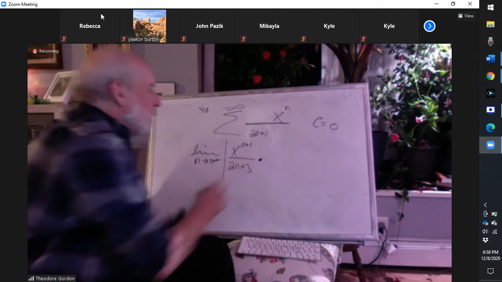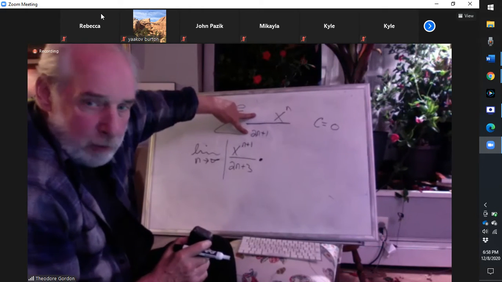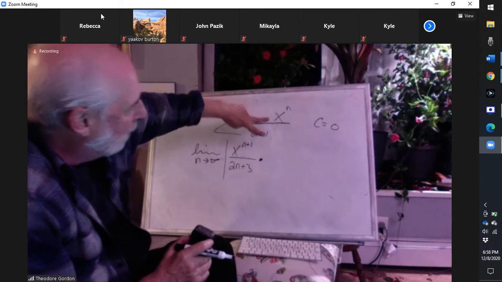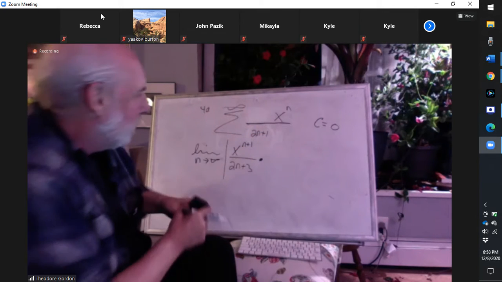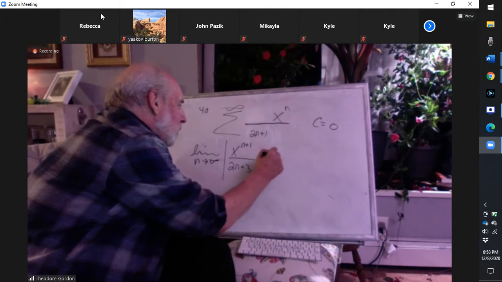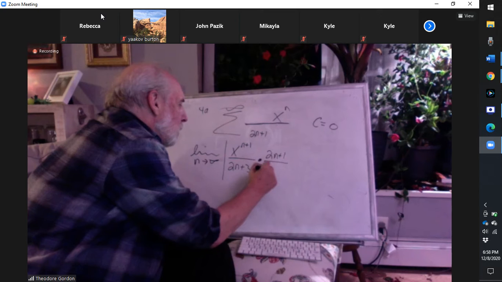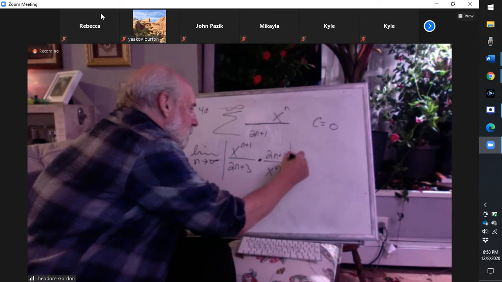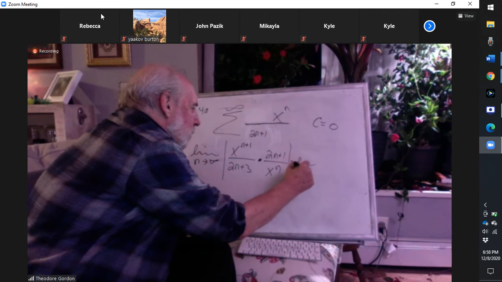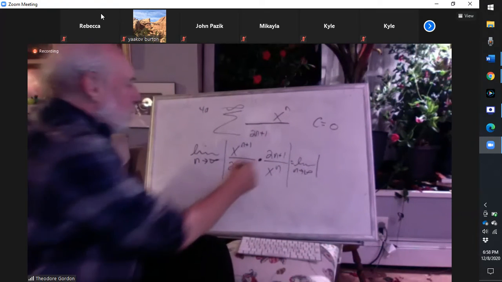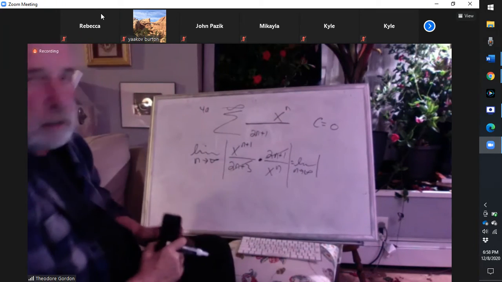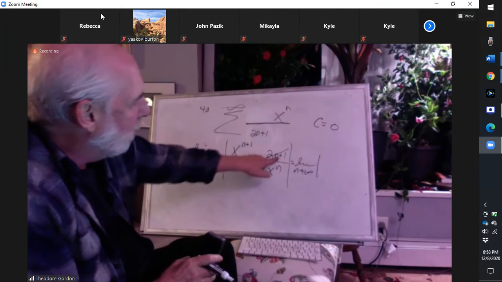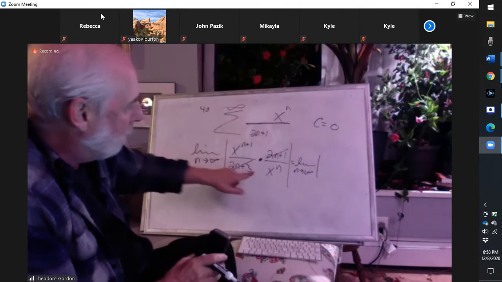Then in the ratio test, we divide by the original term, but dividing by this means that we flip and multiply. So this gives us 2n plus 1 over x to the n, and that leaves us with the limit as n goes to infinity. Well, the plus 3 and plus 1 cancel out, because eventually these just look like 1.